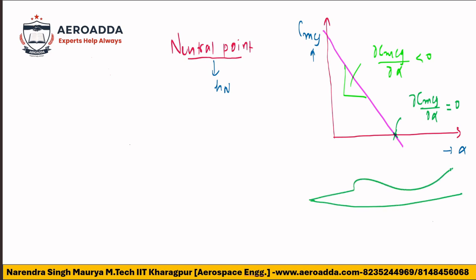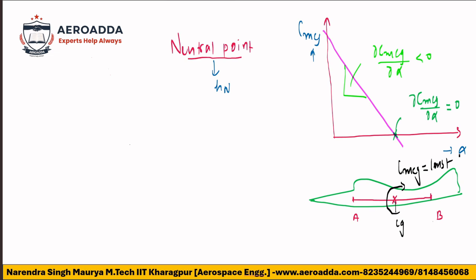Suppose this is the airplane, and somewhere this is the CG location. If the pitching moment coefficient about CG, CMCG, is constant, then that means it's a neutral condition.